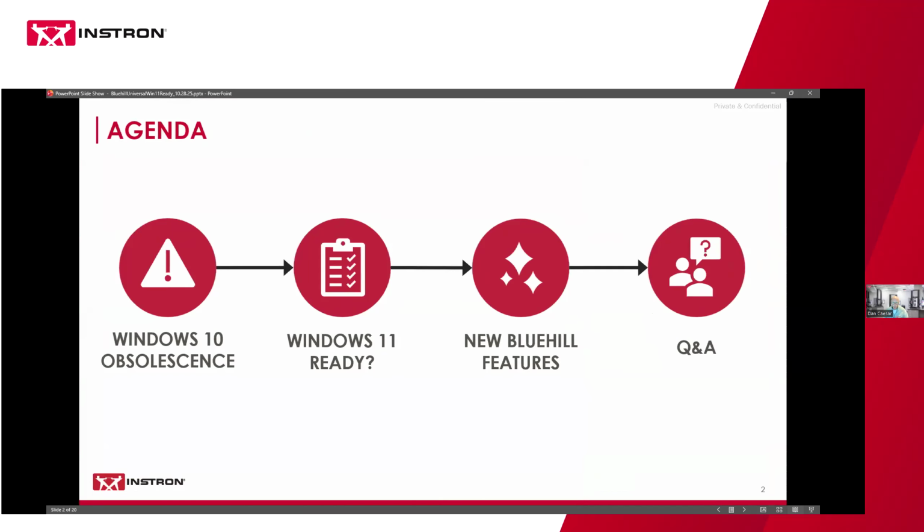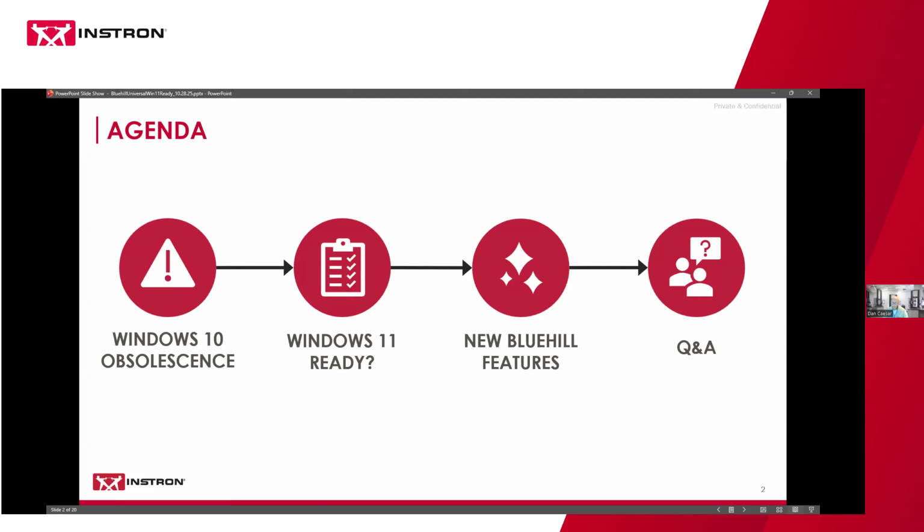So just a quick agenda today. We're going to do four things. We're going to start with talking about Windows 10 and its obsolescence by Microsoft. Second, we are going to talk about how to properly prepare your lab and your Instron equipment to be ready for the transition to Windows 11. And then I want to take some of this time to also introduce some of the more notable new features that we've released in Bluehill Universal in recent years.